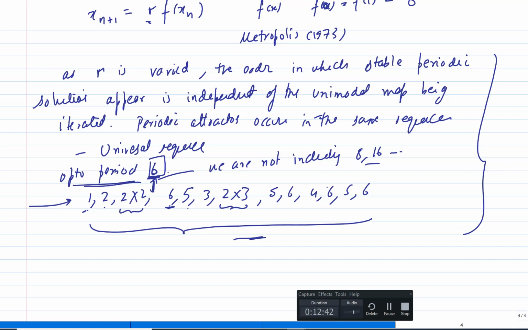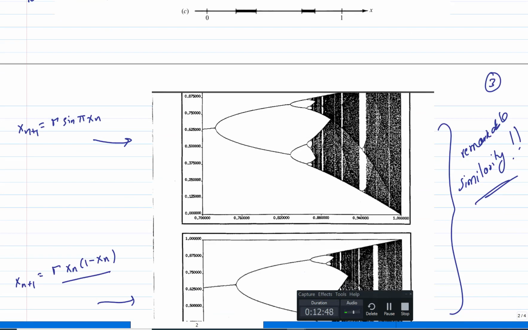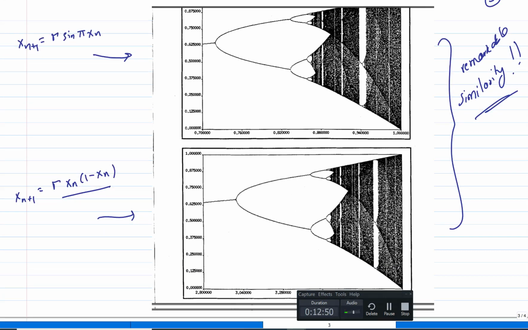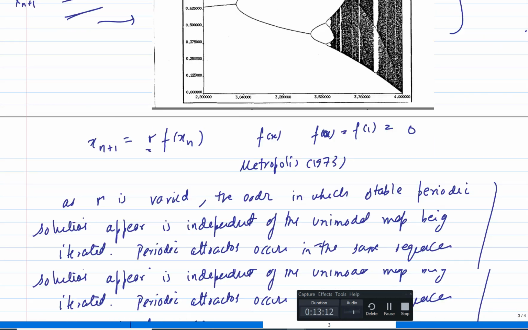So that's a qualitative universality, and we can see that from the remarkable similarity in the orbit diagrams or the bifurcation diagrams of the sine map and the logistic map. Such a bifurcation diagram with the remarkable similarity would occur for any unimodal function, independent of the algebraic details of that function. So that's certainly a very interesting result.